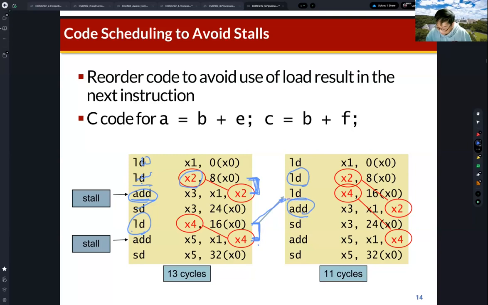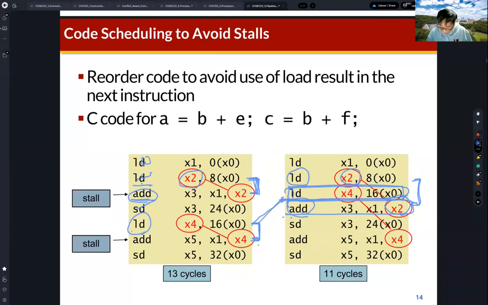So you can find the independent instruction here. So we can avoid the data hazard in this case, okay? Because we can execute this instruction, and then the data can be forwarded to the next add instruction.